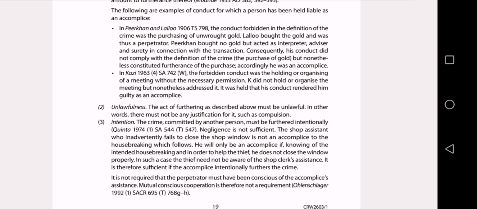In Pierre and Lalo 1906 TS 798, the conduct forbidden in the definition of the crime was the purchase of unwrought gold. Lalo bought the gold and was thus a perpetrator.